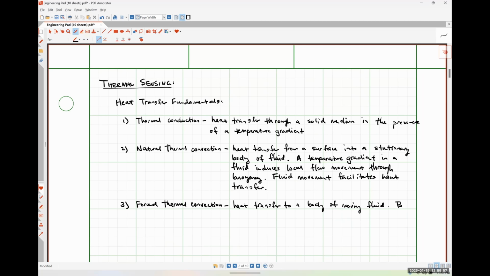And I've got a little note here that bulk fluid movement provides enhanced heat transfer as compared to natural thermal convection.